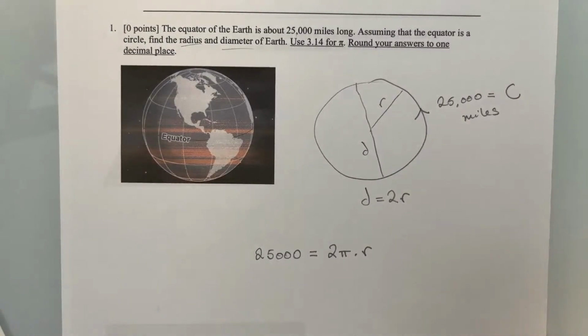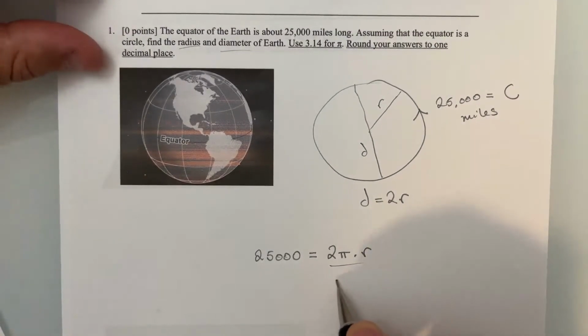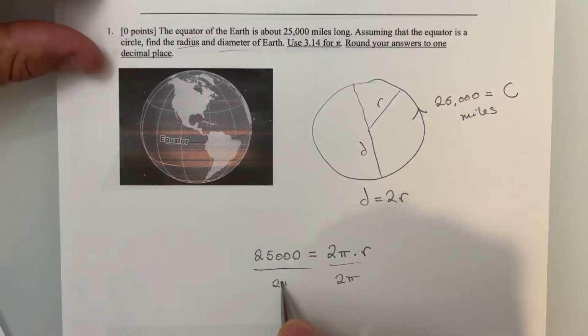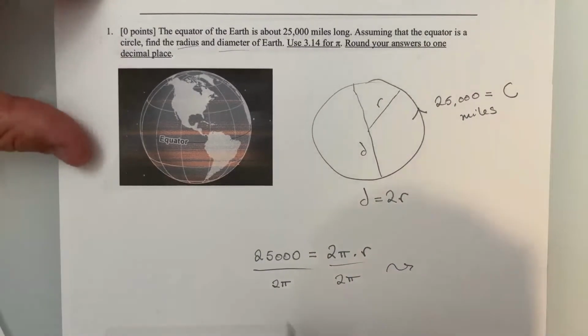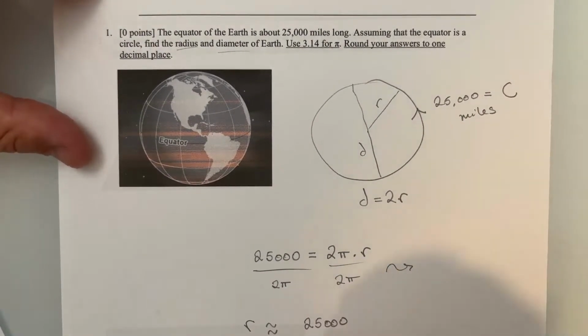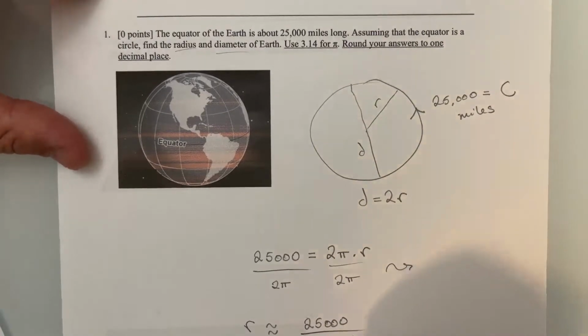Okay, I'm supposed to use 3.14 for pi. So I can go ahead and divide by 2 pi, and what I'll be typing in is r equals about 25,000 divided by 2 times 3.14.